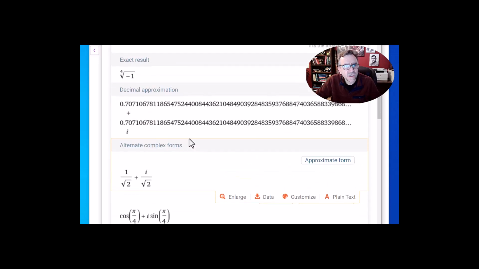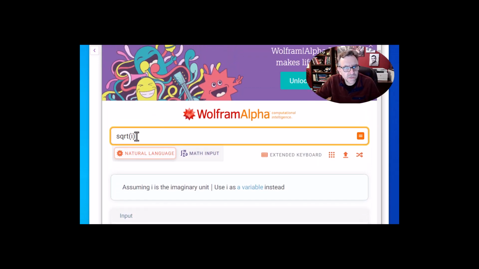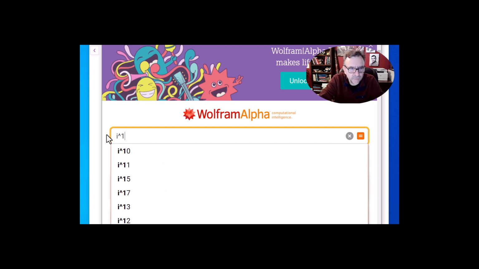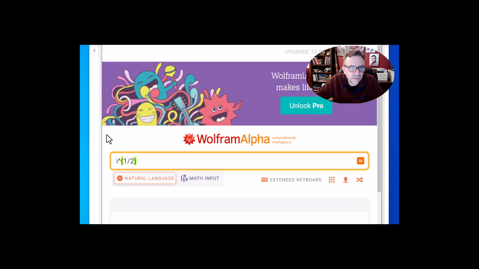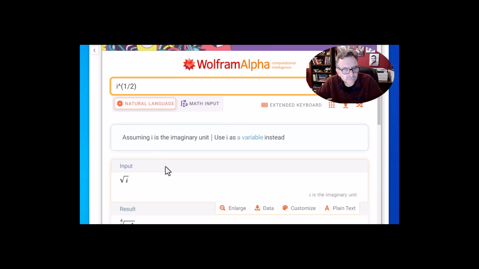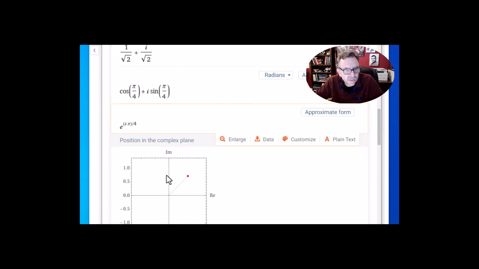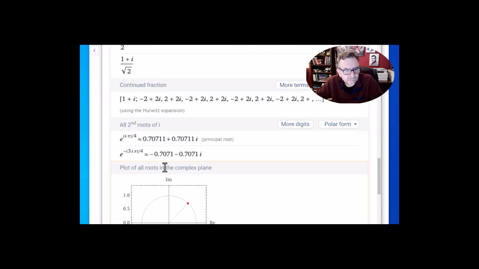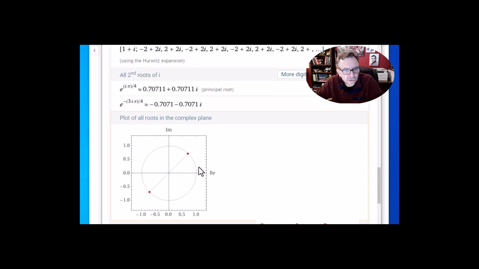Now check this out. For the square root of I, you get those two solutions. If you do I to the 1/2 power, maybe typing it in that way is a little better because you get the same thing down here. Yeah, so here are our two solutions in decimal form.